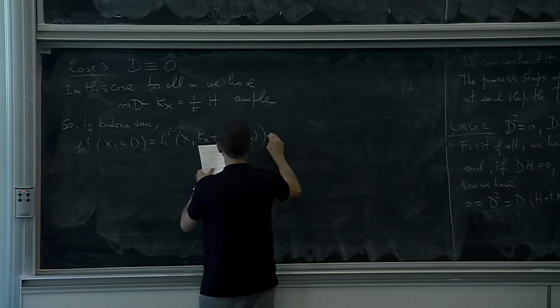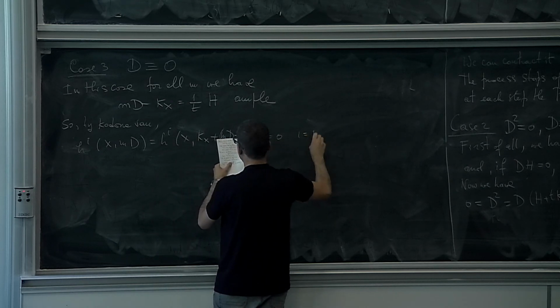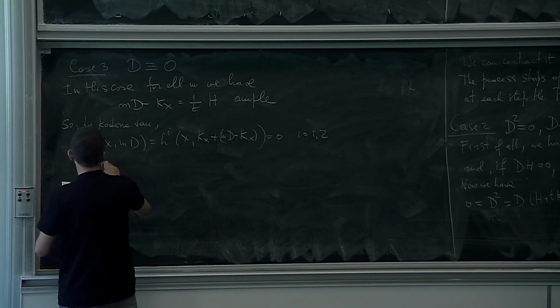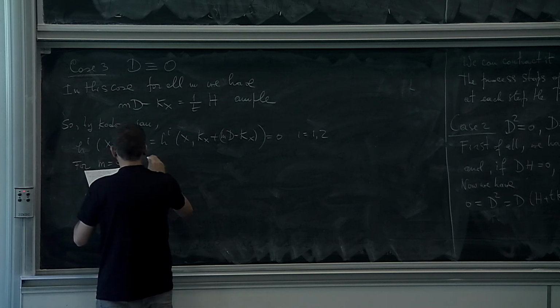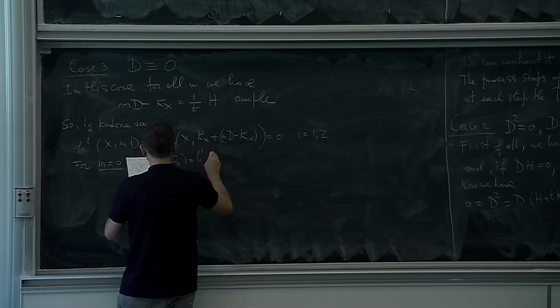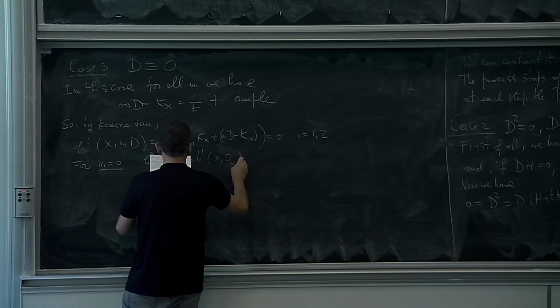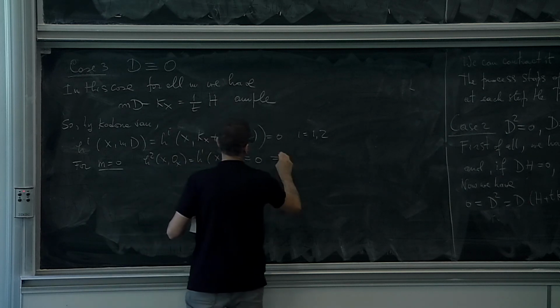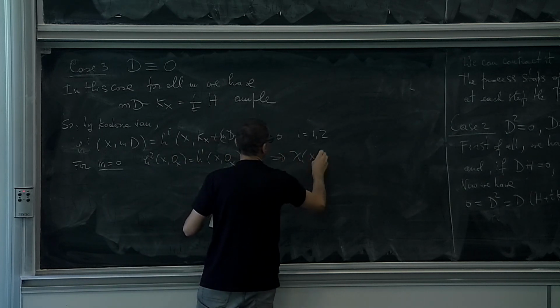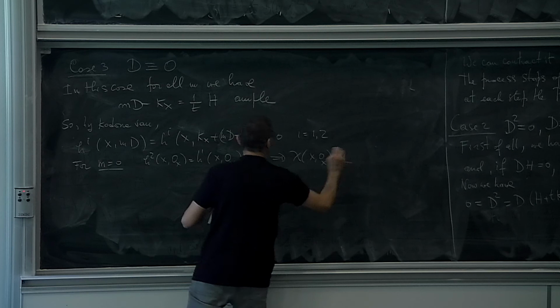This is 0. For m equals 0, this gives h2(O_X) equal h1(O_X) is 0, and so chi(O_X) is 1.